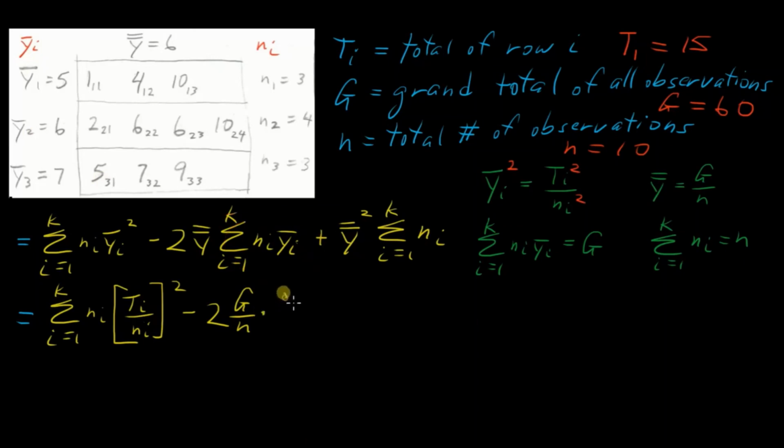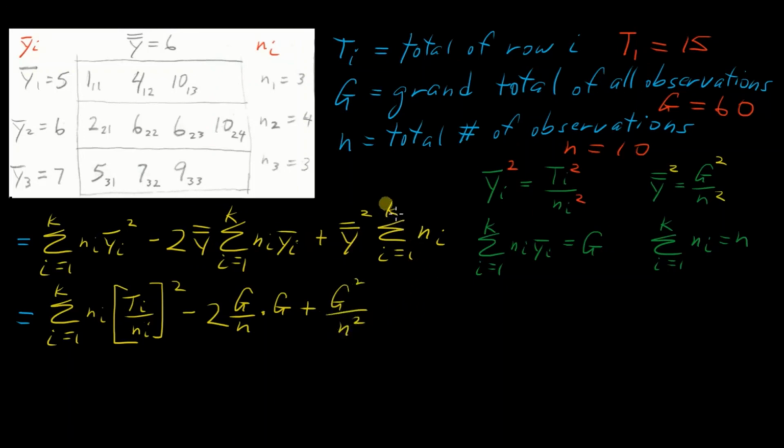So there we go. And then again, same thing here. We can just square all those, and we can replace that with G squared over N squared.